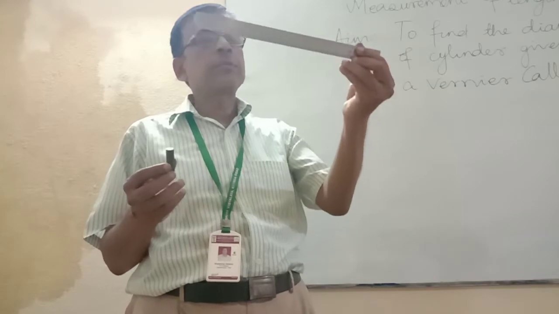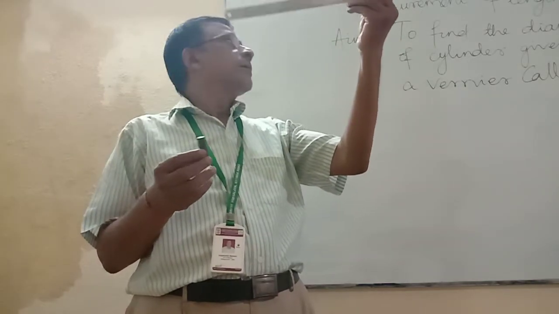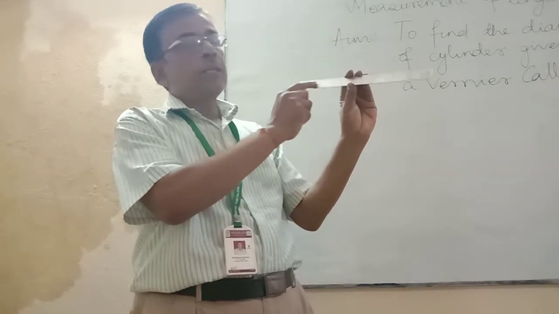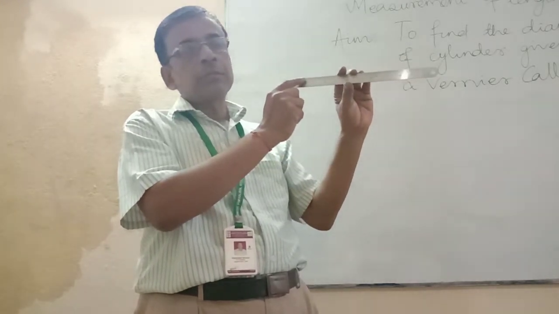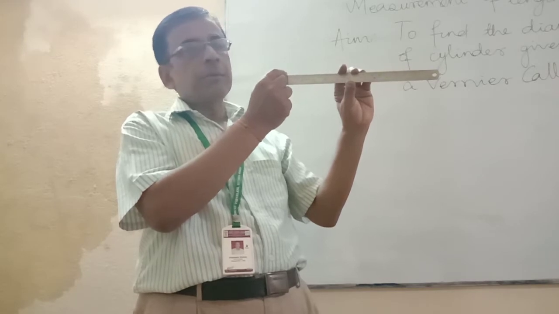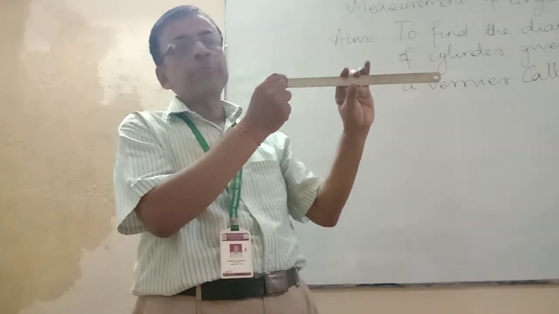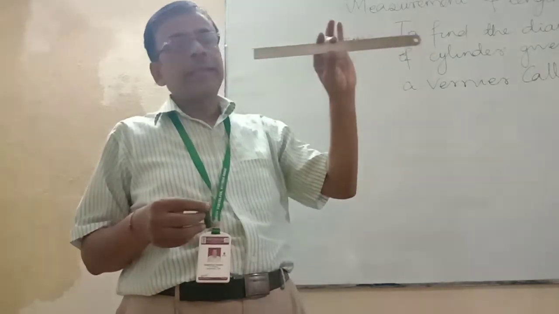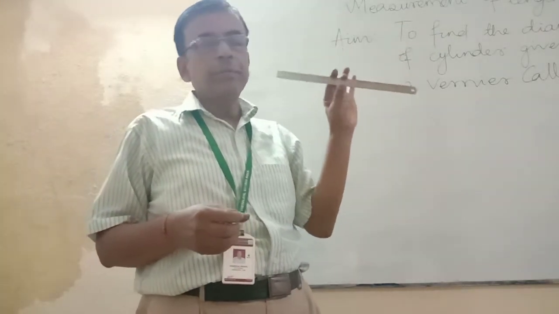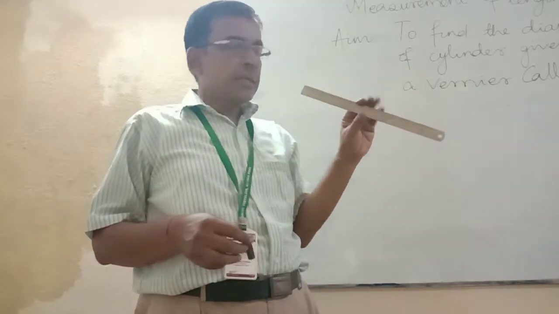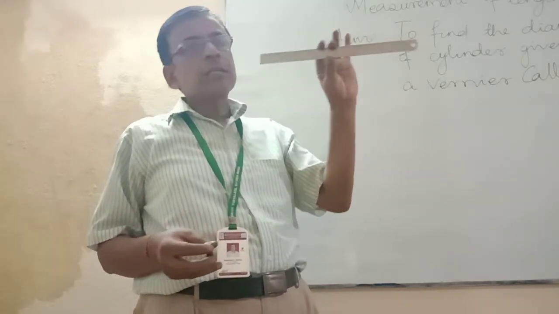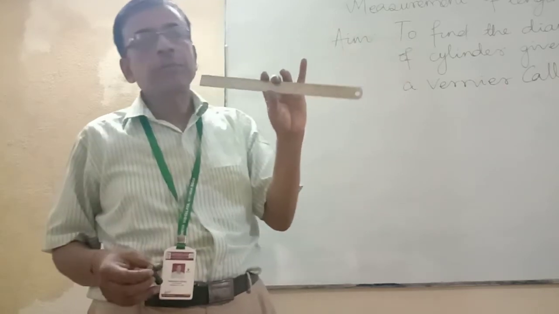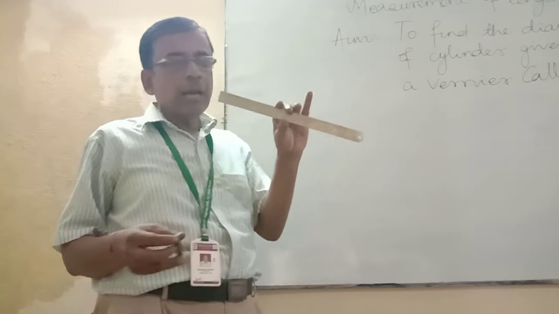This scale has 1 centimeter divided into 10 small divisions. It means the least count, or minimum distance that can be measured by this scale, is 1 by 10 centimeter, that is 1 millimeter. But it is not sufficient, it is not precise.